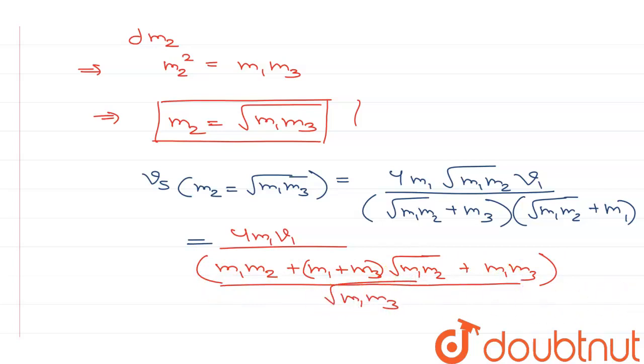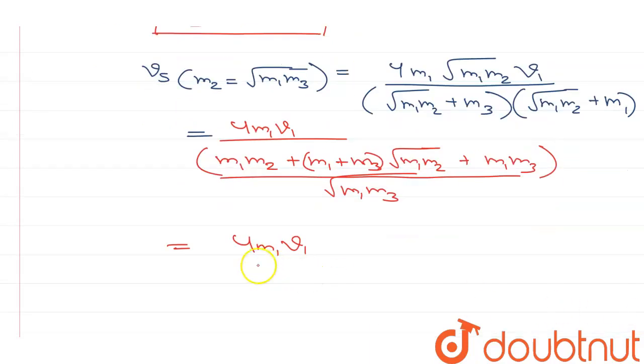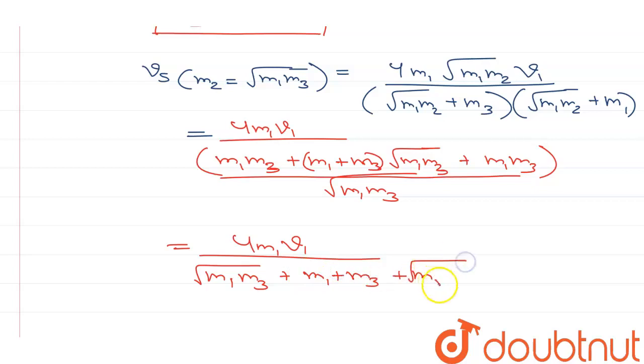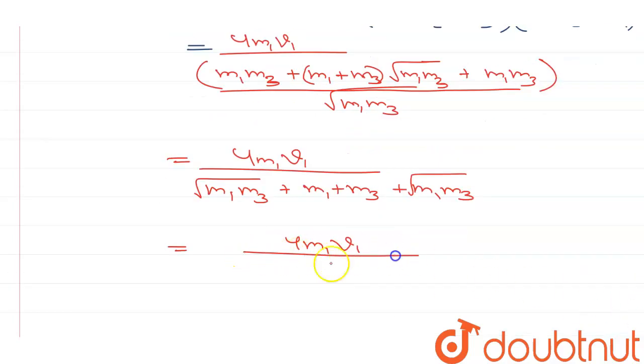Which is equal to 4 m1 v1 upon m1, this is m3, this is also m3, so root m1 m3 plus m1 plus m3 plus root over m1 m3, which is equal to 4 m1 v1 upon (root m1 plus root m3) whole squared.